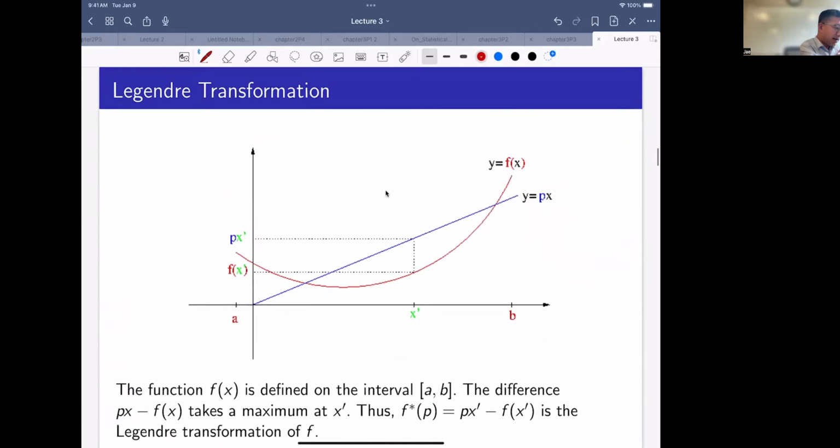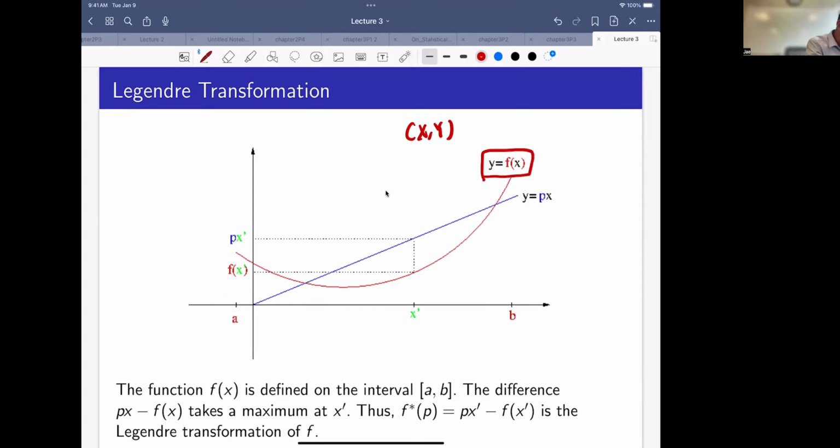And this is a very intriguing idea. How do you want to express a particular function? One way is the XY coordinate system, where you characterize your function in XY coordinates.